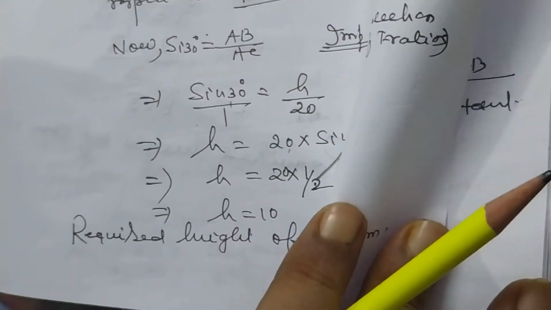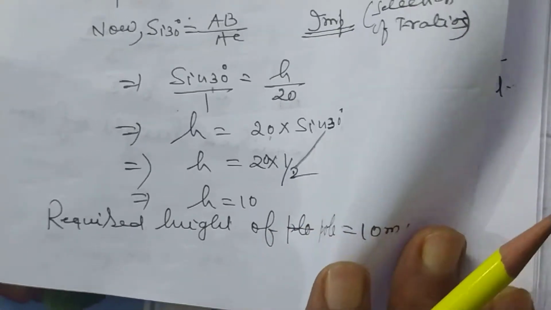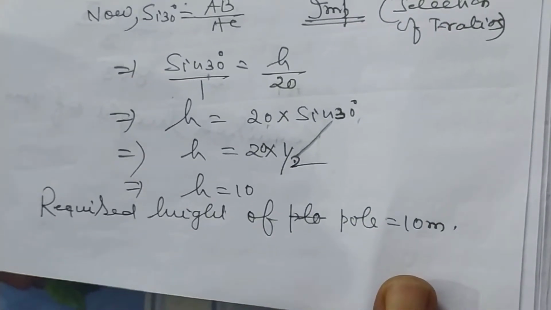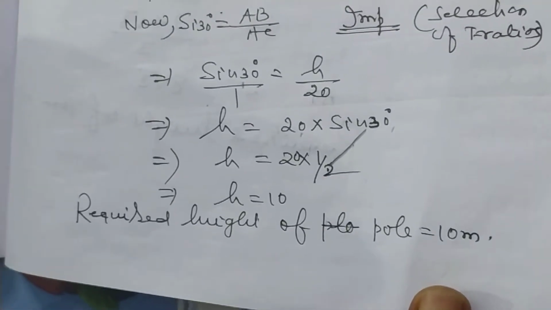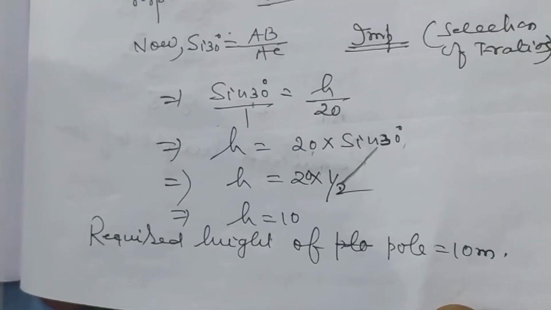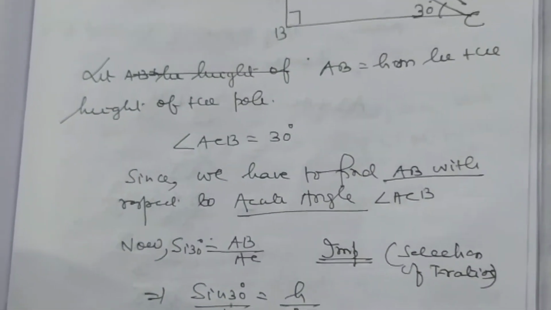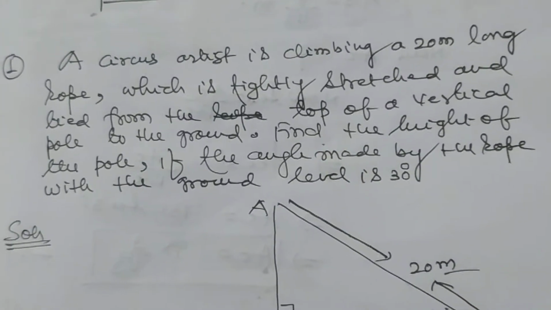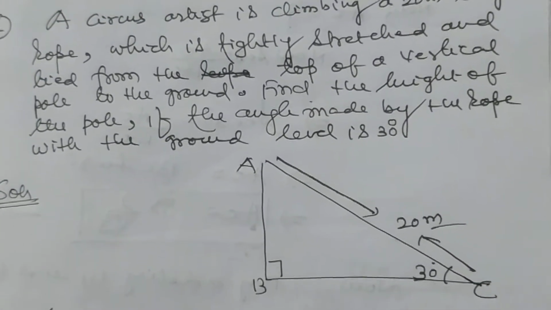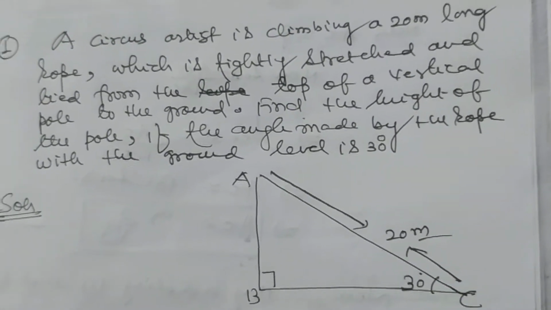My dear students, in this way you will solve the problem. You must keep in your mind, draw a clean, neat figure and marks will be given for the figure. Whatever marks are allotted in the exam, you will get.